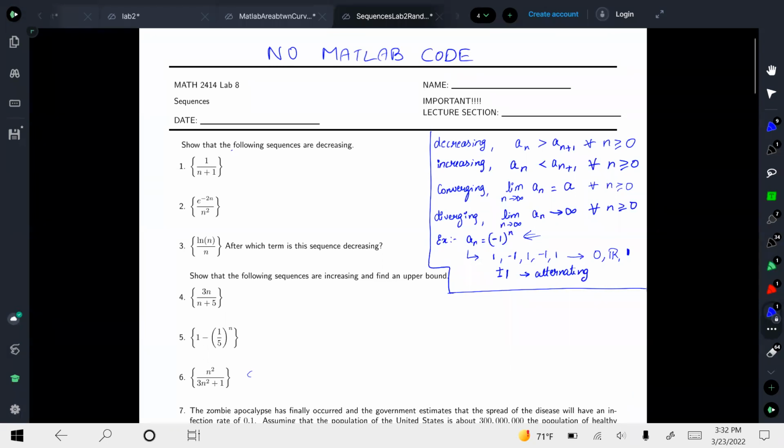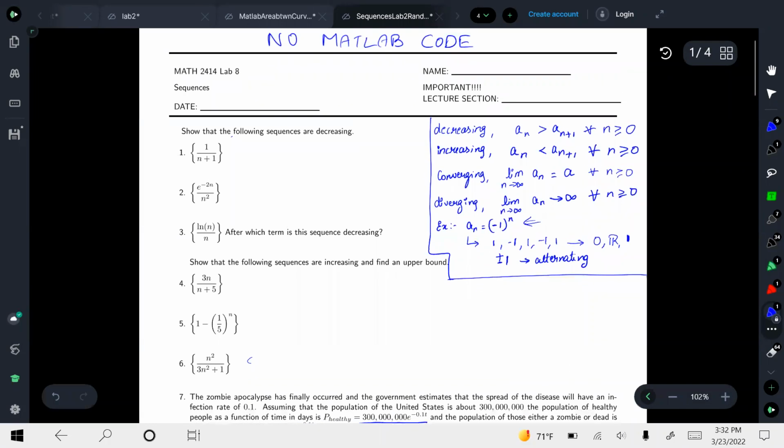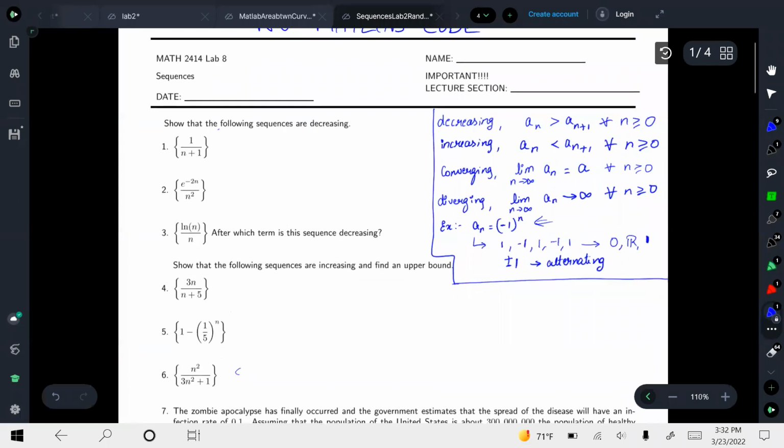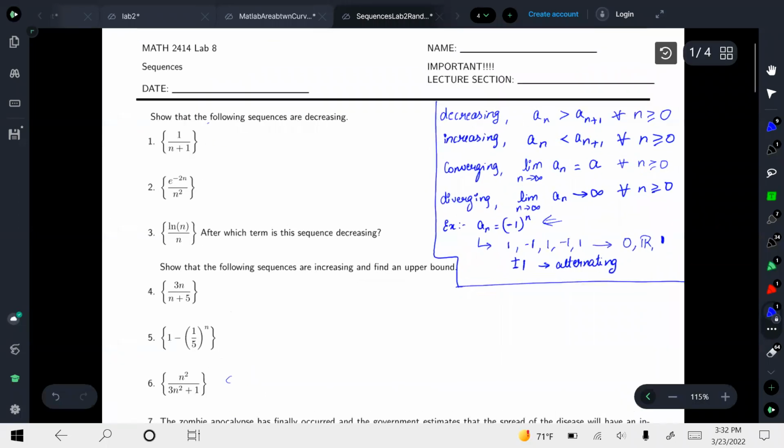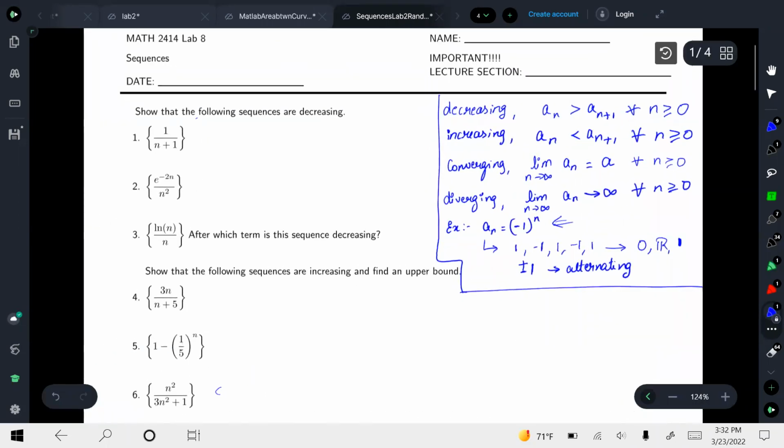Before I get into the problem, let me explain the type of questions you have for lab 8. The first type is you need to show the sequence is decreasing, and you must also find out after which term the sequence will decrease.